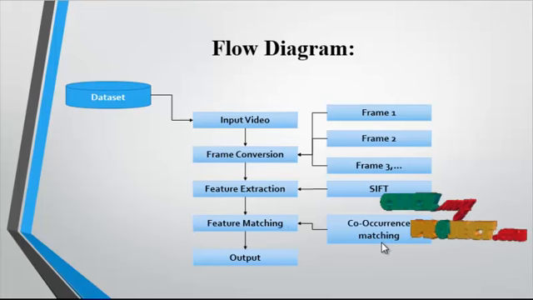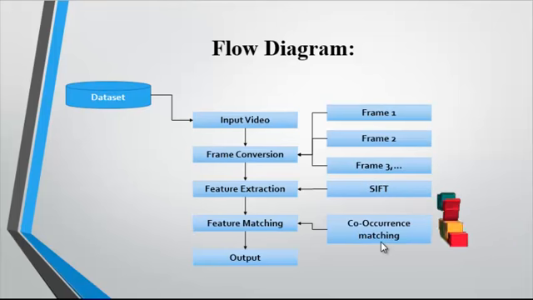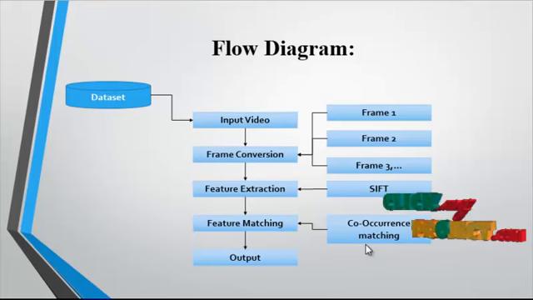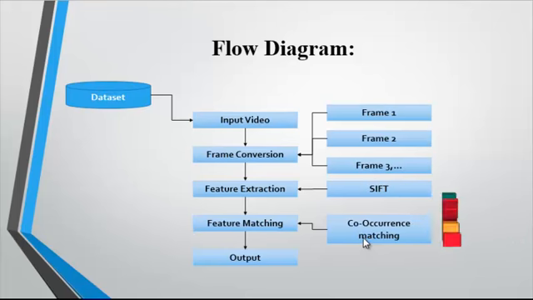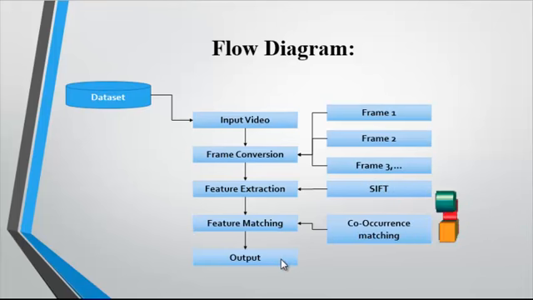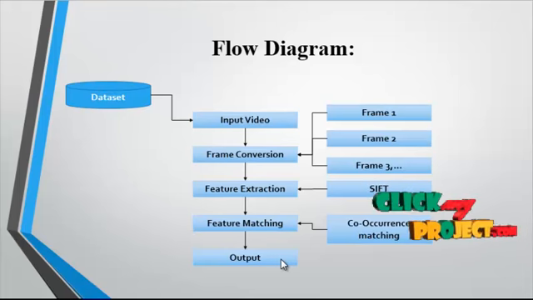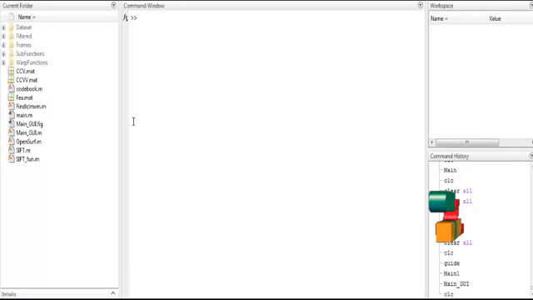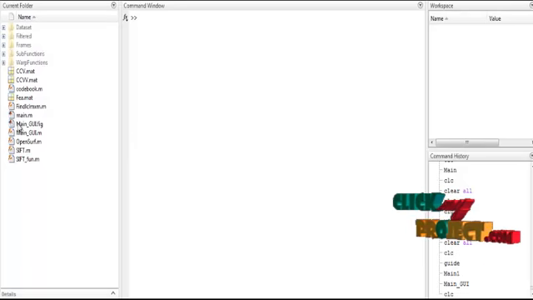Co-occurrence matching is nothing but the matching of the feature points using the color. The color coherence is taken from the frames. After the matching, the two input frames are compared and the matching points are plotted as per the features extracted from the image. Now we discuss the initial running procedure for the process.